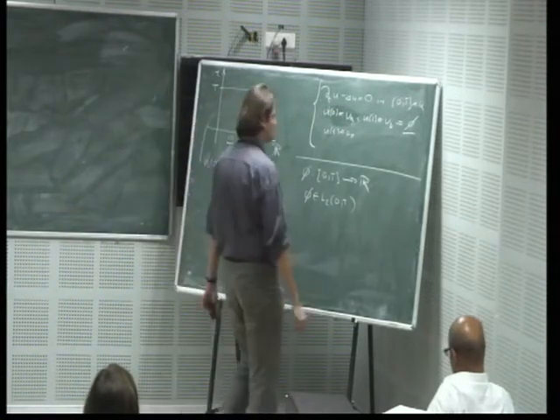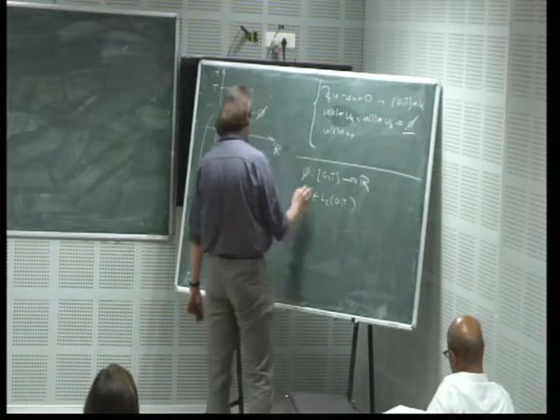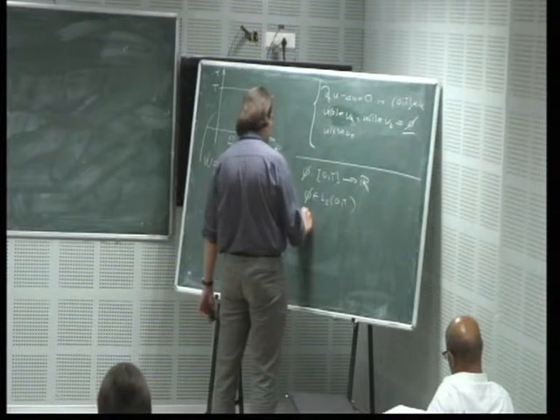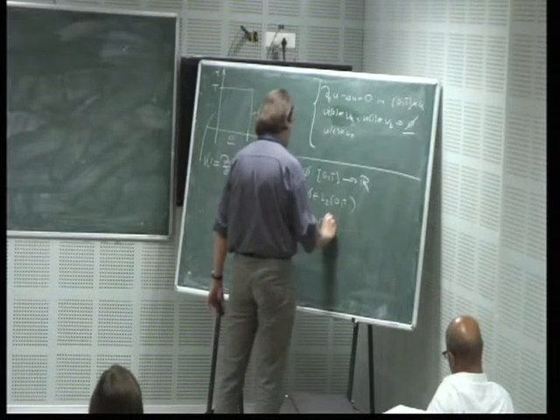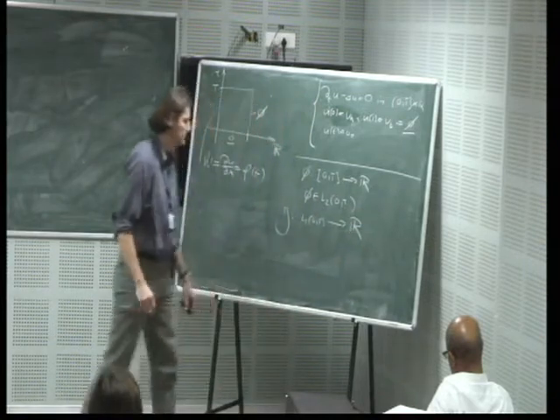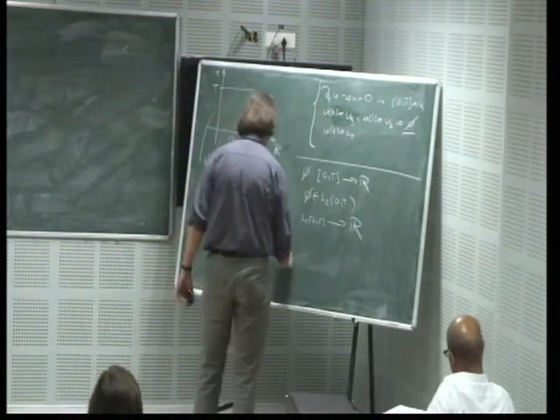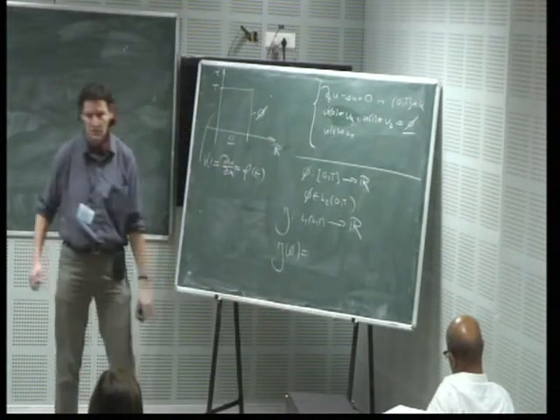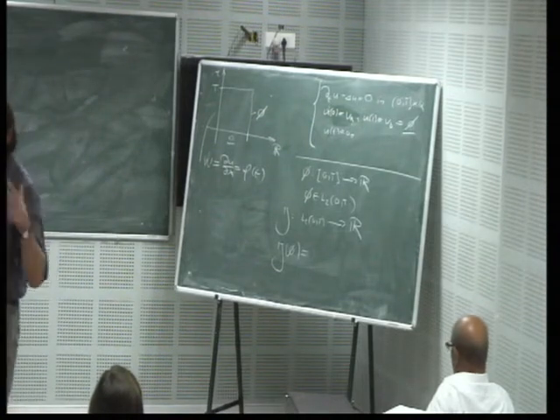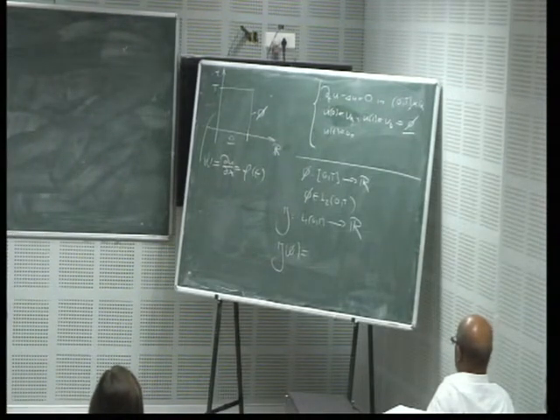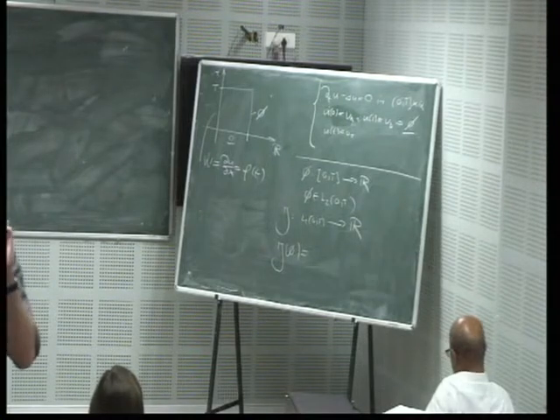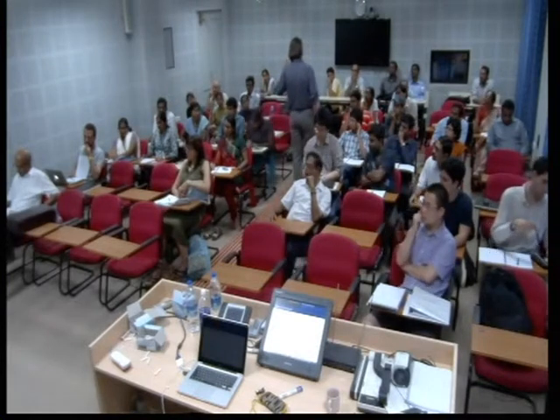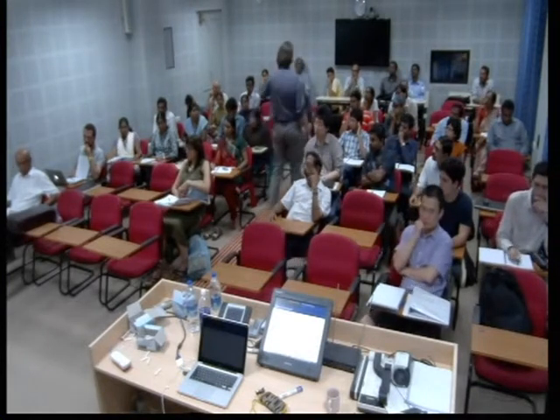Let's see. We'll set up a cost functional, which will be defined on L2(0,T) with values in R. So what form could we give to our cost functional? It will depend on phi, and one possibility that is very often used in applications is to define this cost functional as the least square measure of the misfit between the prescribed profile of the flux at the left boundary and the actual profile.